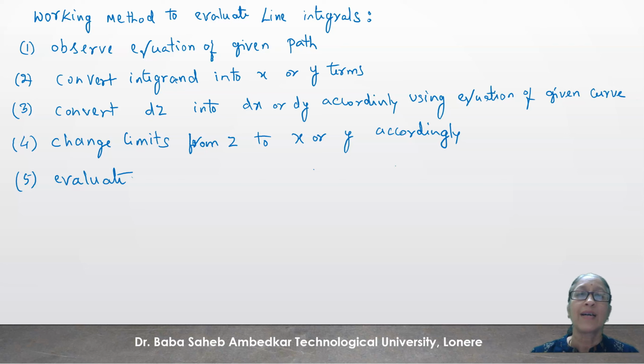If you want to convert variables in any given integral, you have to convert the limits, you have to convert dz, and you have to convert the integrand into the required variable terms. Okay, now let us see one question.